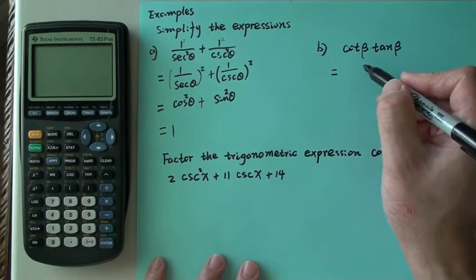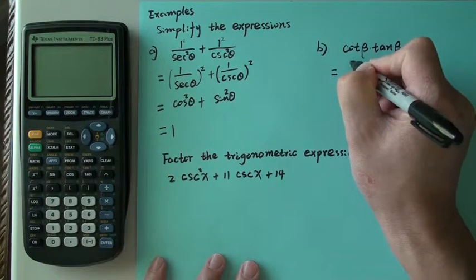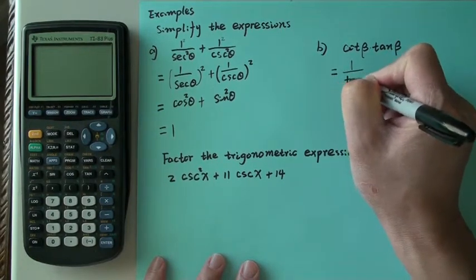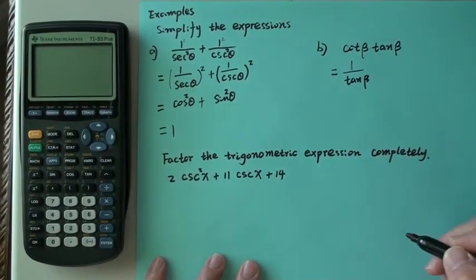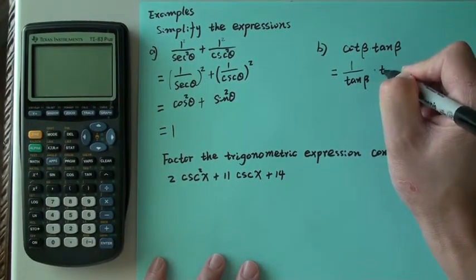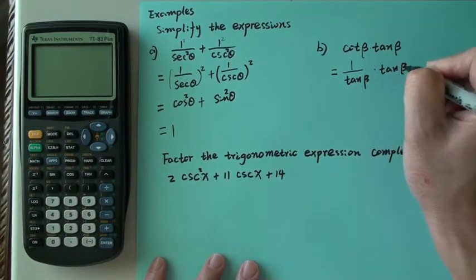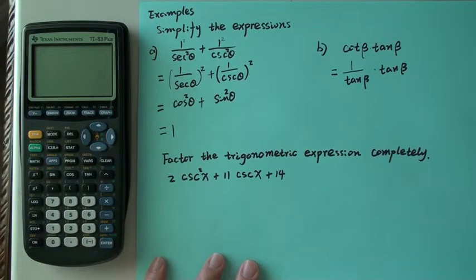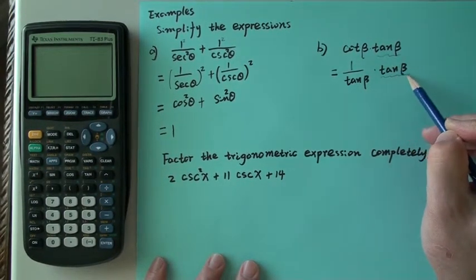Remember, cotangent beta is the reciprocal of tangent beta. Okay? And then you may put tangent beta here. You just copy it. This one, you didn't do anything. You put it right here.